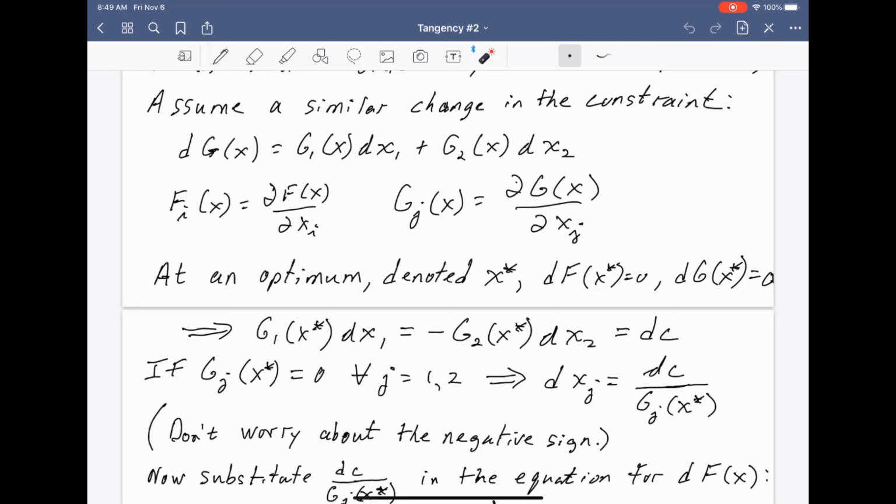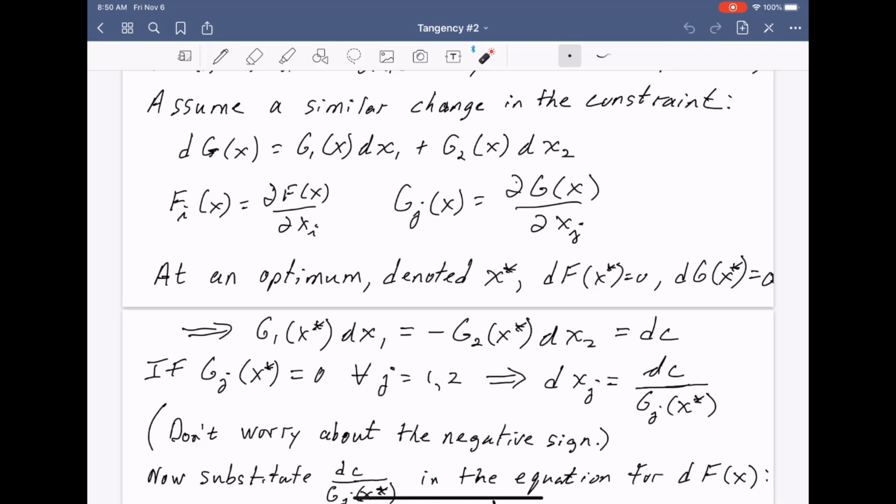Then we have the small change in the objective function being equal to 0, and the same thing with the constraint. These small changes would be equal to 0 at the optimum.